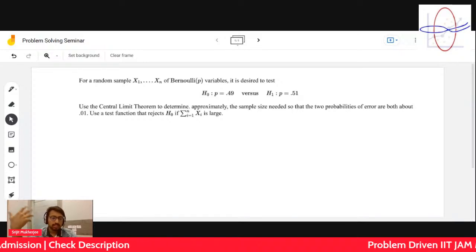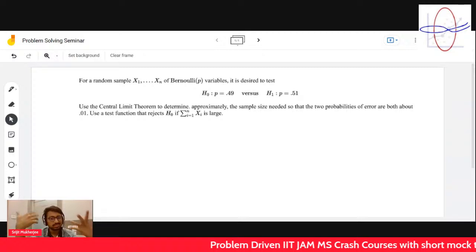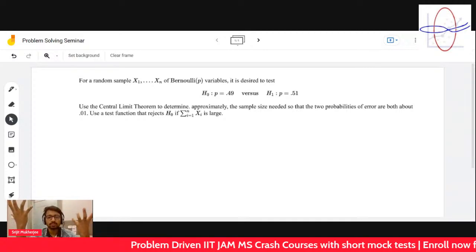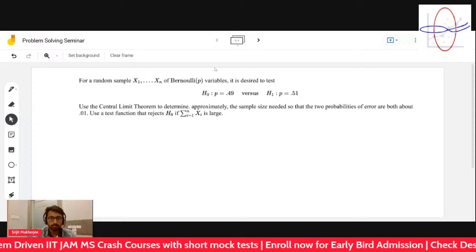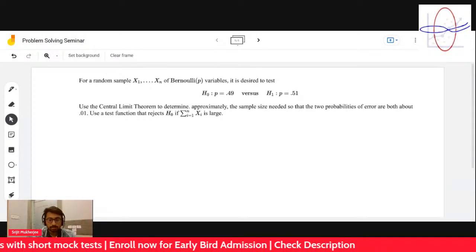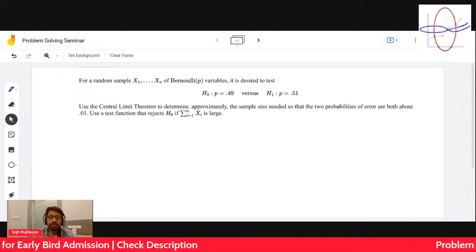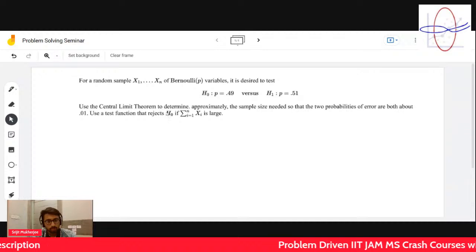So using the central limit theorem, determine approximately the sample size needed so that both the probabilities of error, that is type 1 error and type 2 error, are about 0.01. Okay. So using the central limit theorem, I mean that you have to assume the sample size is large in some sense, otherwise it will not happen.